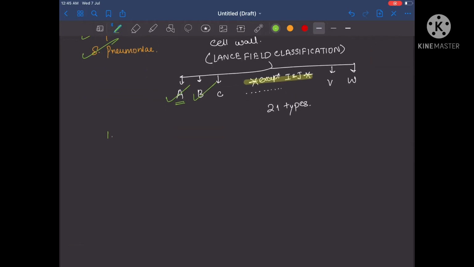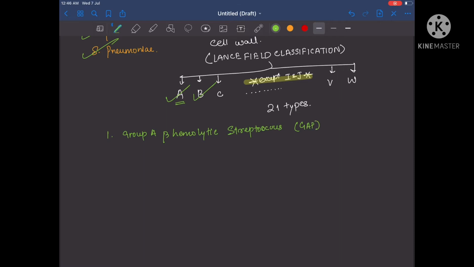So let's start with group A beta hemolytic Streptococcus. We'll write this as GAS, and you should know that this bacteria has a common name.